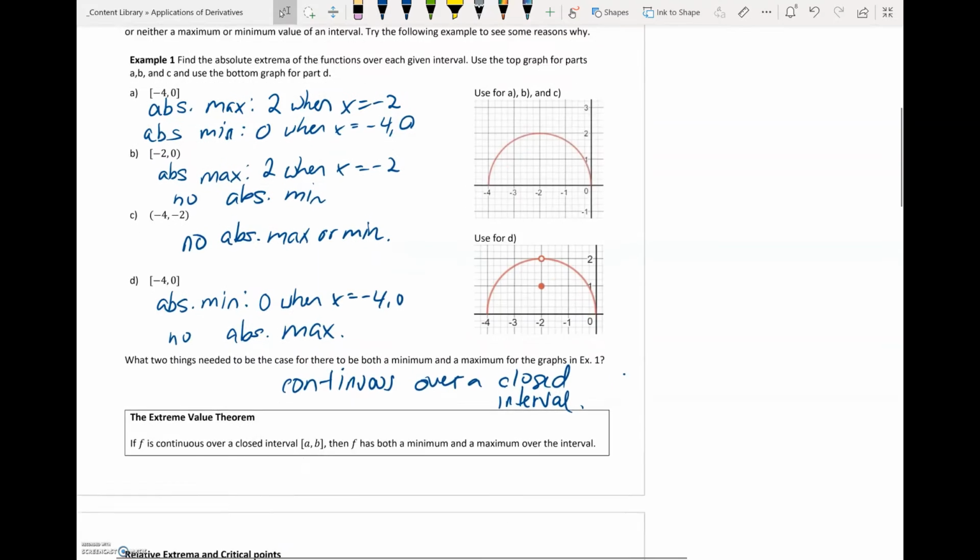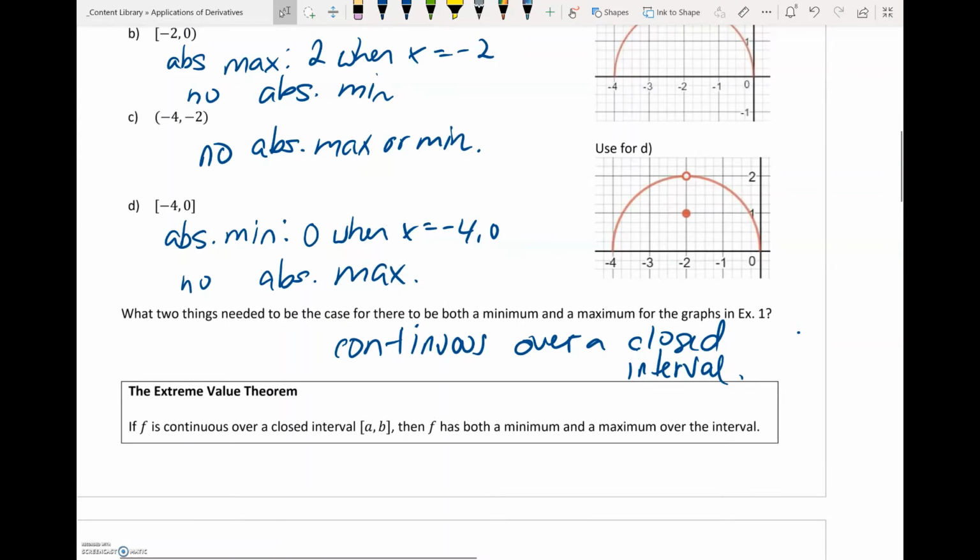A theorem that we need to keep in mind, because we will use this, the extreme value theorem, states that if f is continuous over a closed interval [a, b], then f has both a max and a min over the interval. So if you have a function and it's closed and continuous, you will be guaranteed to get a minimum and a maximum in that interval.